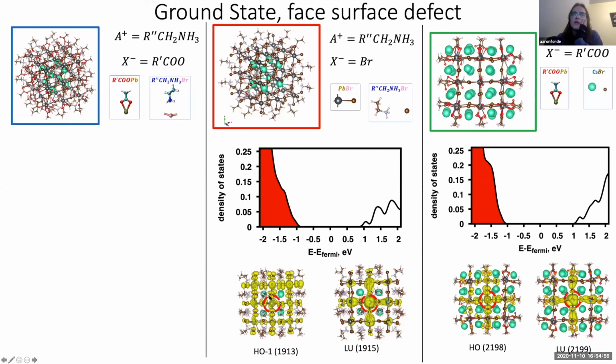So where I have the red circle, I removed the surface species that was coordinating to that atom, and then an adjacent counter ligand.